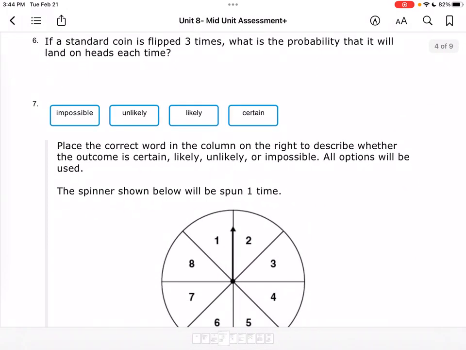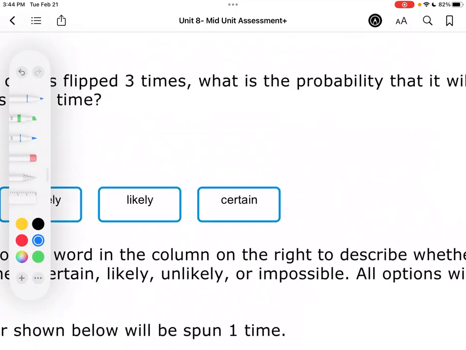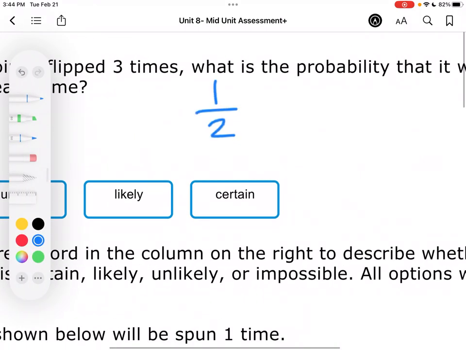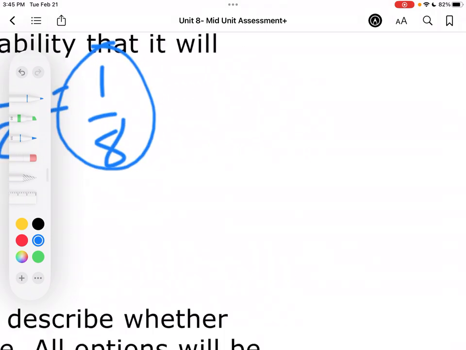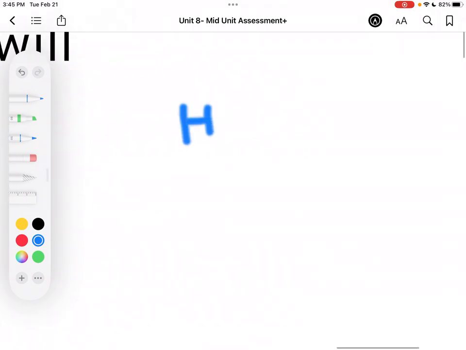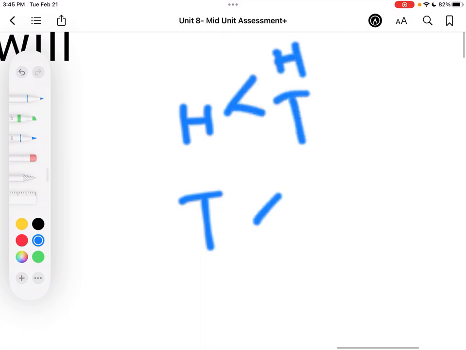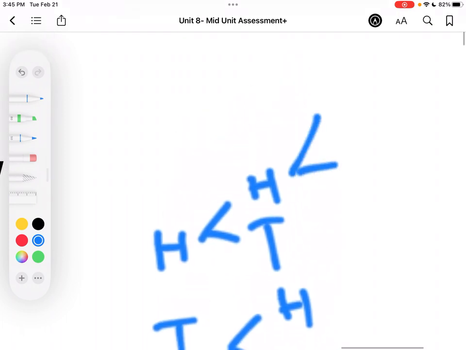All right, if a standard coin is flipped 3 times, what is the probability it will land on heads each time? Well, it has a chance to land on heads the first time, the second time, and the third time. So it would equal 1/8. Or you could have drawn out a tree diagram.